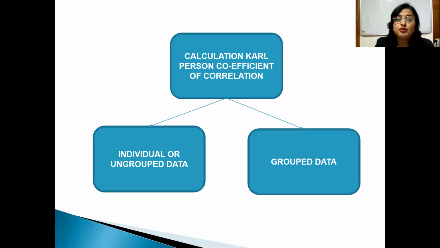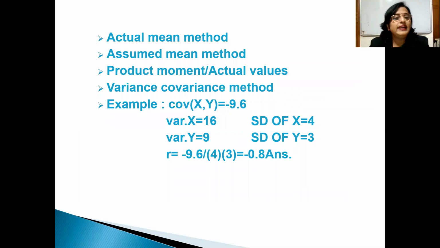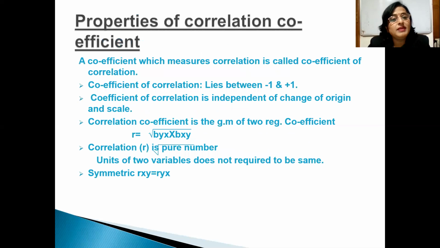If we want to find the correlation with its help, we divide it into two parts: first is the individual or ungrouped data, and second is the grouped data. For finding the correlation in the individual series, there are the actual mean method, assumed mean method, and the product moment method, which is also called the method based on actual values, variance and covariance. I have discussed one example also to make it clearer.